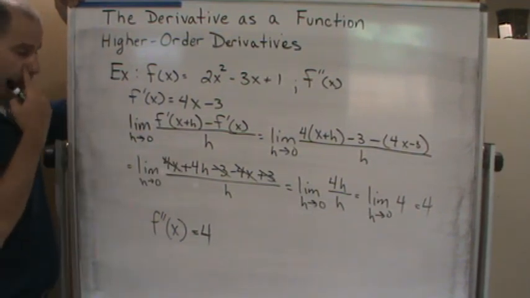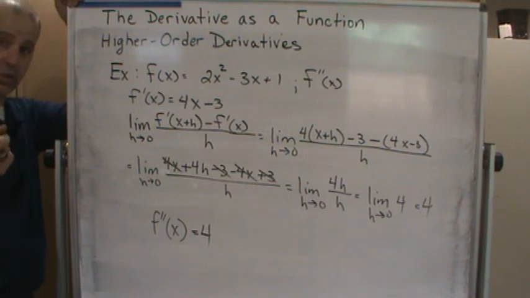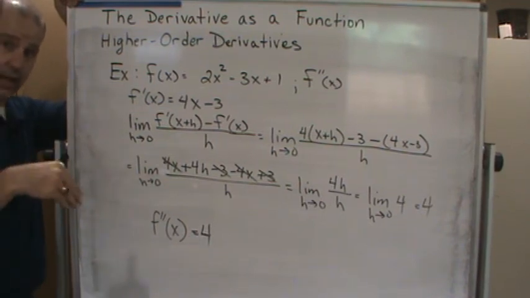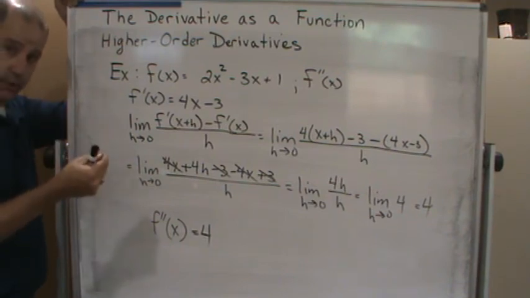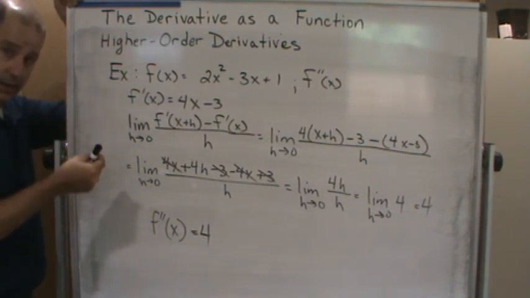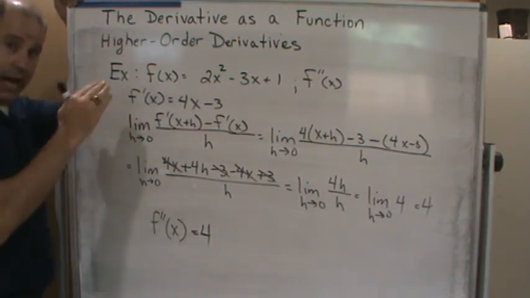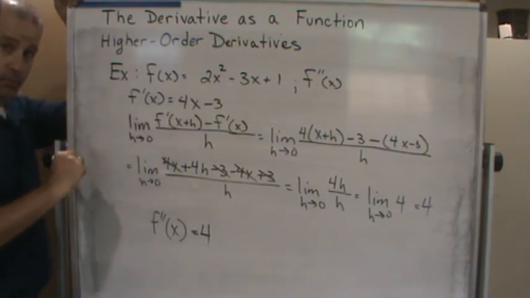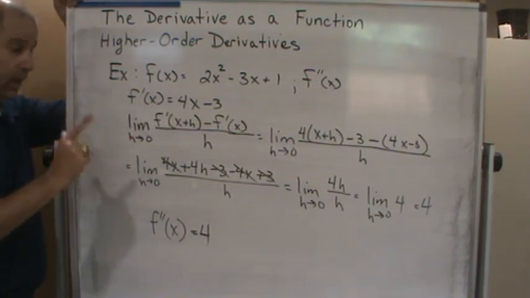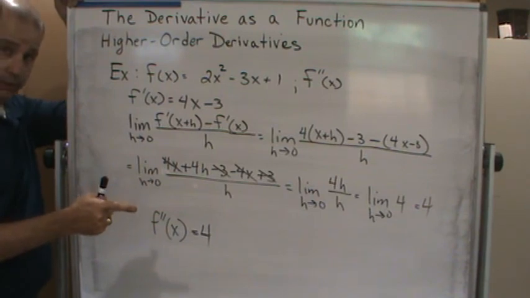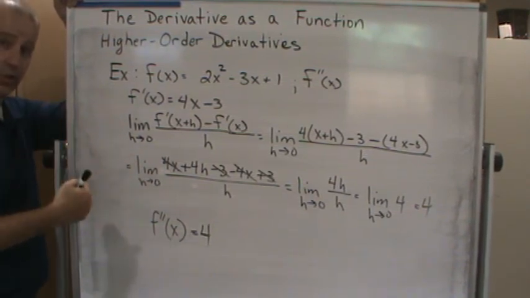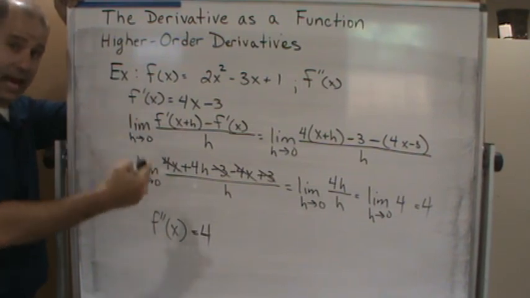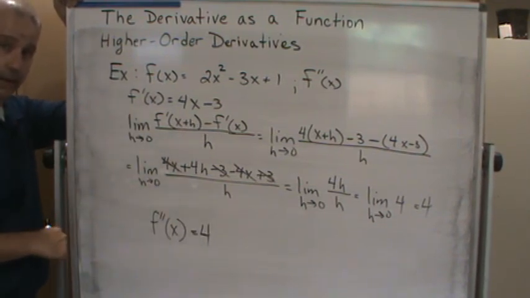So in the case of a position function, when we're talking about physics, about a particle moving, the first derivative tells you the velocity of the particle, right? It tells you how the position is changing over time. The second derivative of the position function over time is telling you the acceleration. It's telling you how the velocity is changing over time.